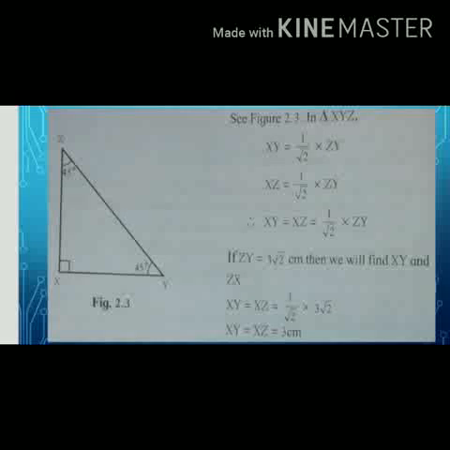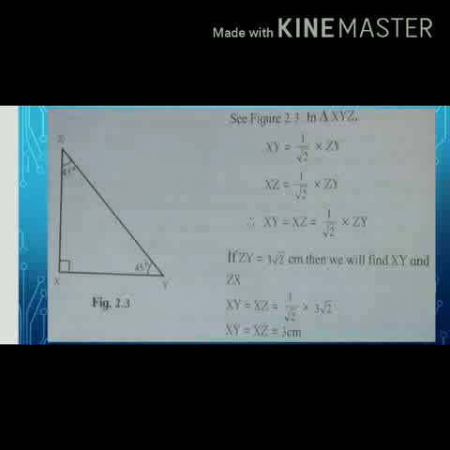Therefore, XY is equal to XZ is equal to 1 upon root 2 into hypotenuse 3 root 2. Putting the values, we can write XY is equal to XZ is equal to 1 upon root 2 into 3 root 2. By simplification, we get XY is equal to XZ is equal to 3 centimeter.